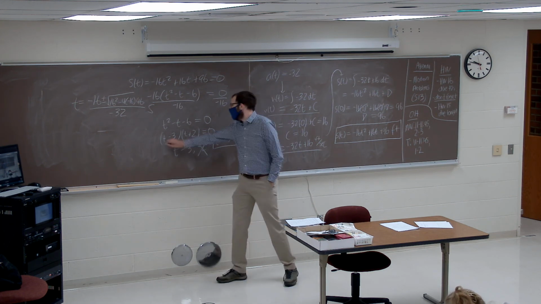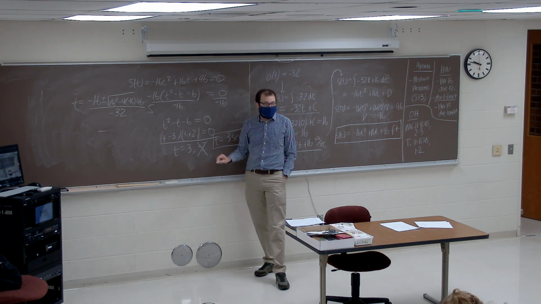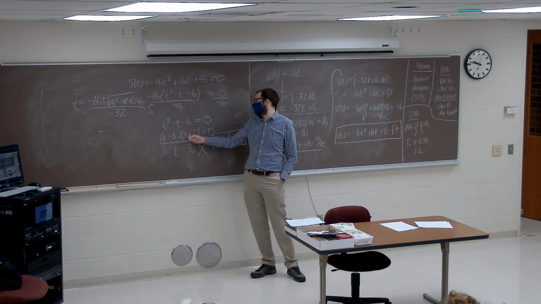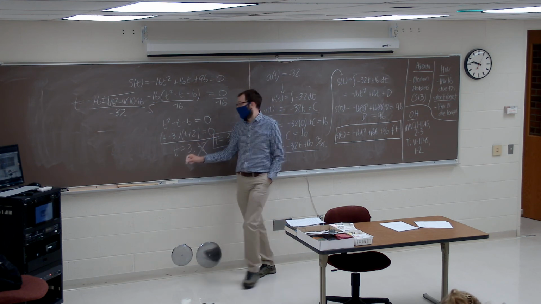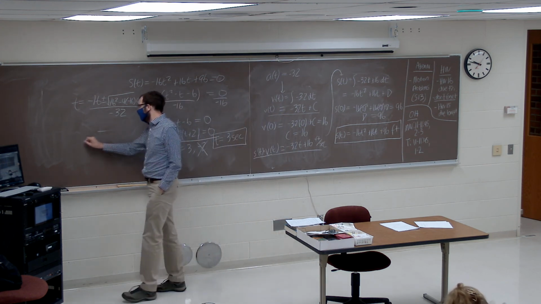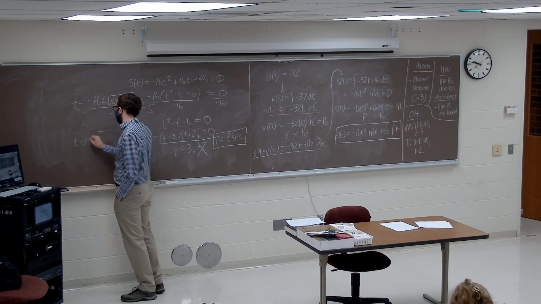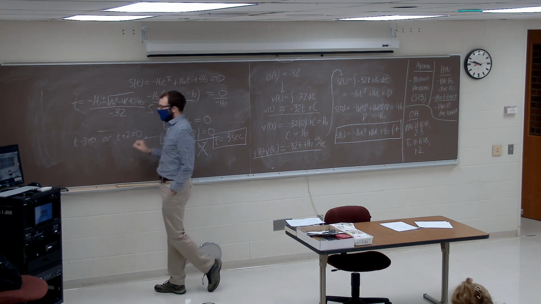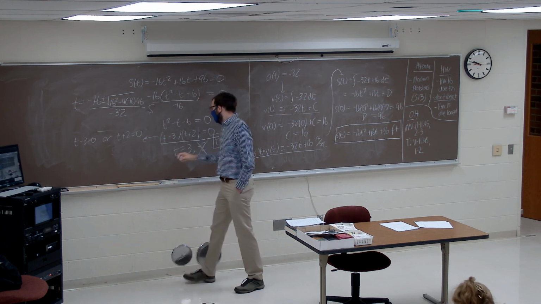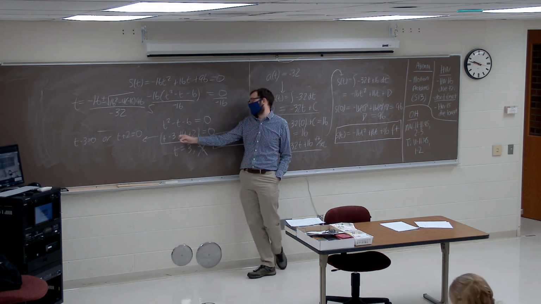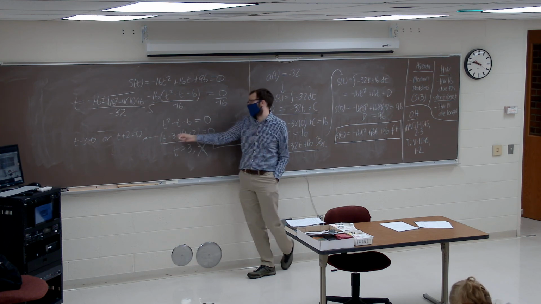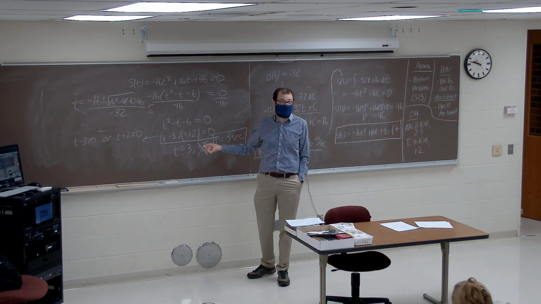Yeah, I think it's because we kind of skipped a step here in that if t minus 3 times t plus 2 is equal to 0, that tells us that either t minus 3 equals 0 or t plus 2 is equal to 0. Because if you're multiplying two different terms to get 0, that means one of the two terms, in this case t minus 3 or t plus 2, has to be 0.